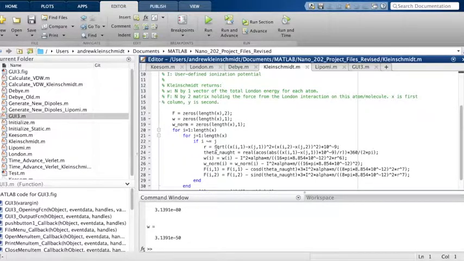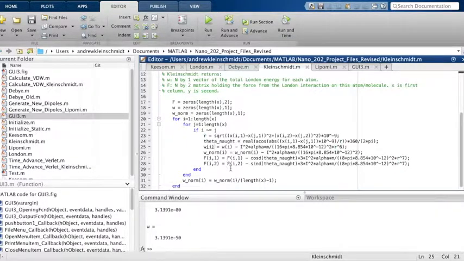And we're going to do the same sort of stuff. We're going to find our R, our distance between the two atoms. We're going to calculate, instead of W, W of I, of the ith atom that we're calculating the force on. But besides that, everything is almost the same.